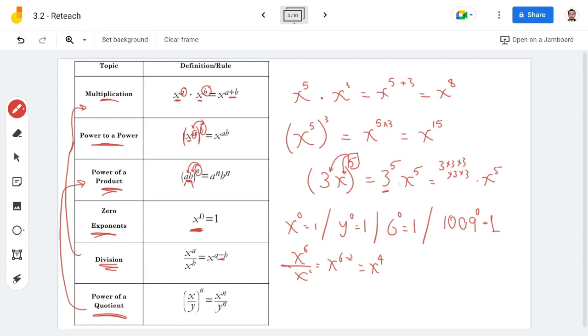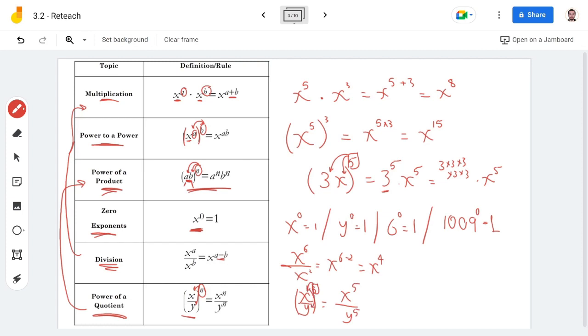Here, both of them are divided, so we share the power for both of them. For example, x over y, all to the power of 5, becomes x to the power of 5 over y to the power of 5. We distributed the power to the x and to the y.